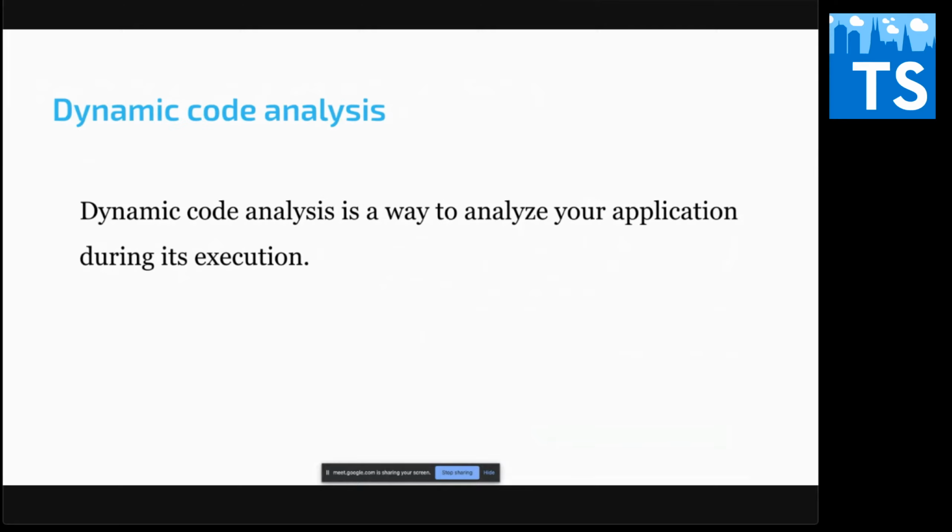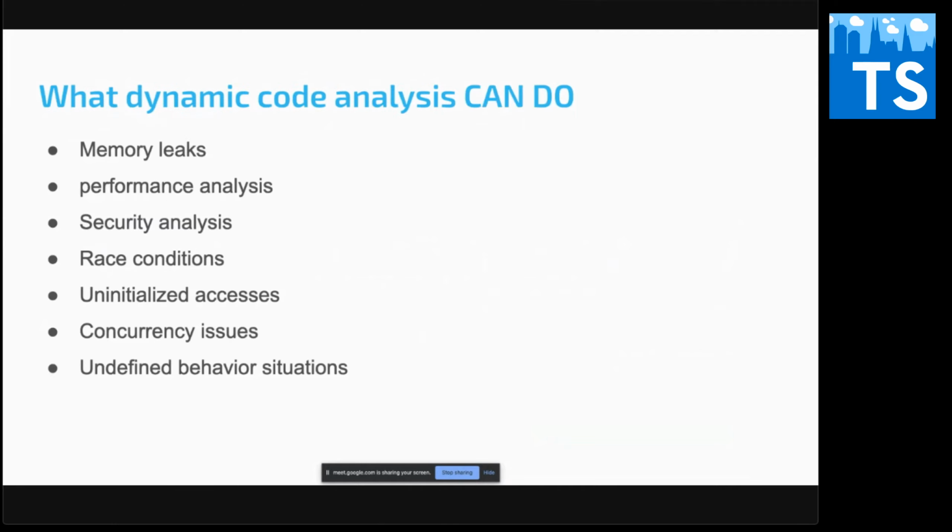In opposite of static, we could analyze our code dynamically, which means analyzing during program execution. Dynamic code analysis can produce metrics with consumed resources, like memory leaks, performance analysis, security, race conditions, uninitialized accesses, concurrency issues, undefined behavior situations.